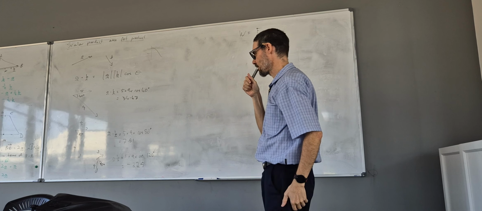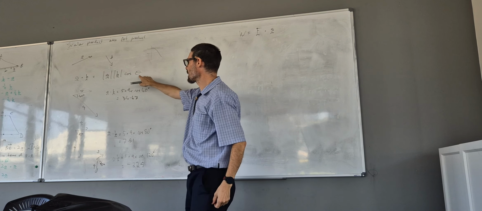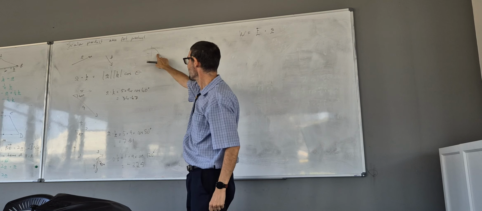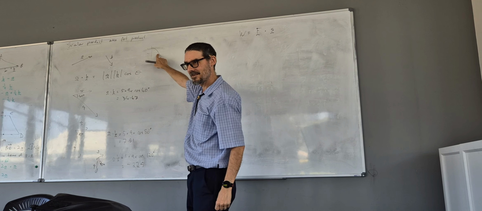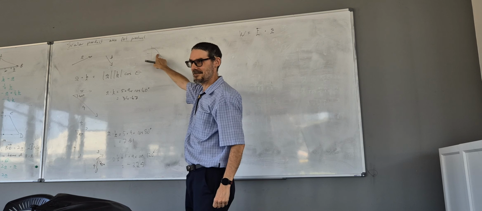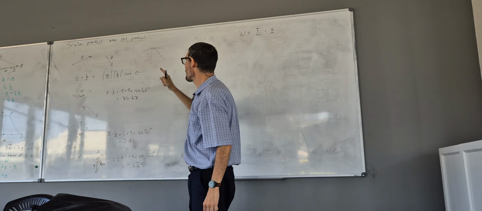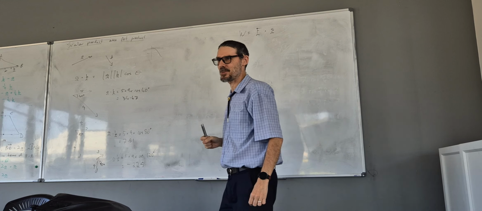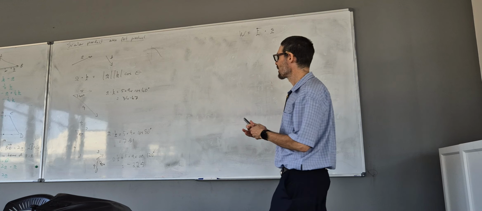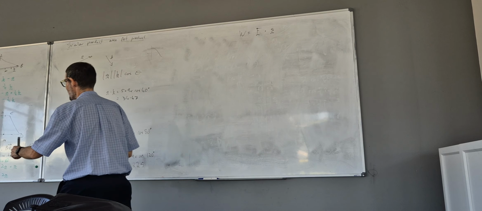So where's 0? Where is cos of an angle 0? When it's 90, it's 0. Which means we now have a test for whether two vectors are perpendicular to each other.